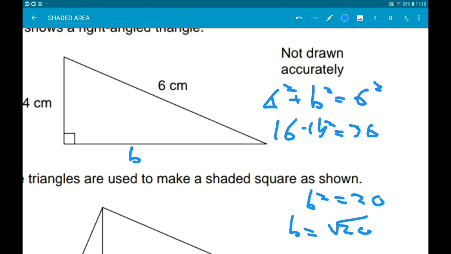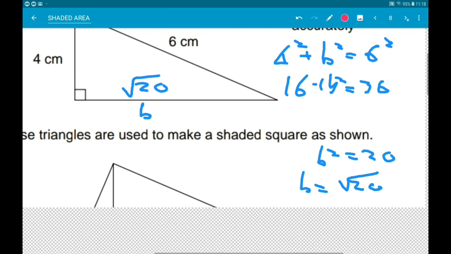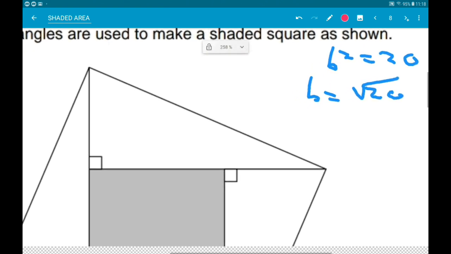Okay, now I'm going to leave it like that at the moment. It's probably going to be easier to deal with than if we simplify it. So the base of the triangle is root 20. Okay, now the side of the square is not the whole of that root 20.